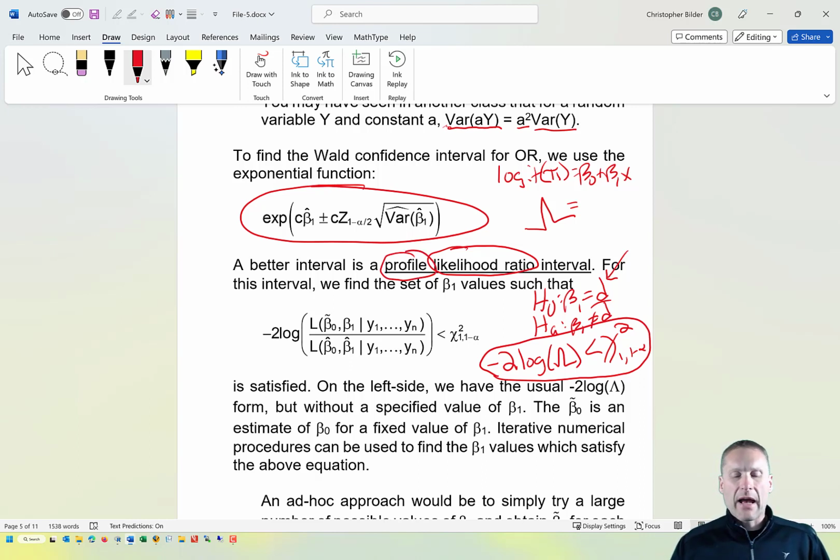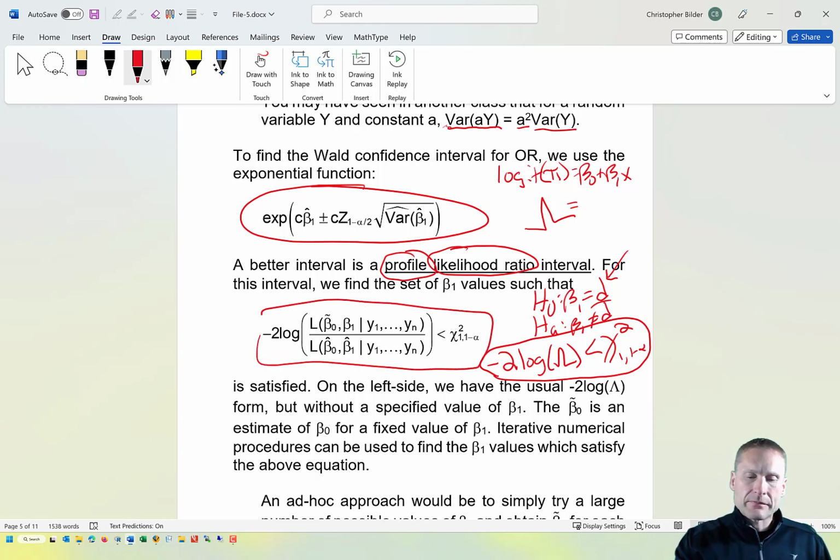Okay, so that gives you some background here. And so in the end, this is how the interval is found. I have my negative 2 log lambda statistic. The denominator is the maximum possible value of the likelihood function evaluated at the MLEs for the unrestricted model. The numerator, though, is the maximum possible value of my likelihood function subject to this restriction where I put in a particular value of beta 1, maybe like 0.1, maybe 0.5, maybe 10.